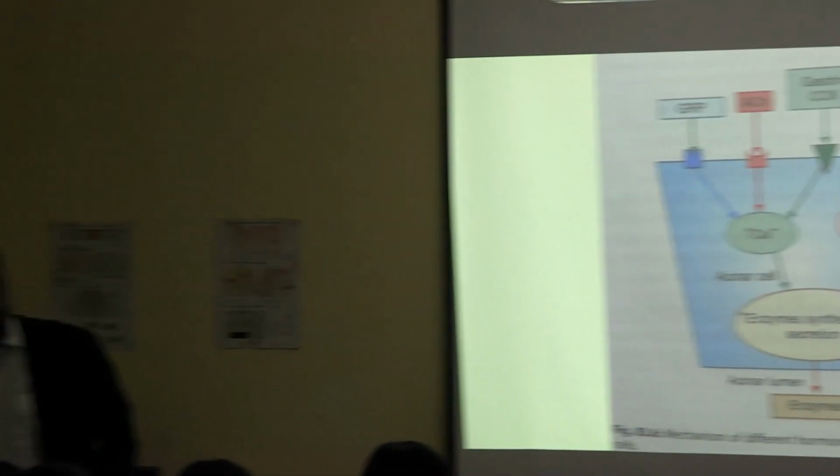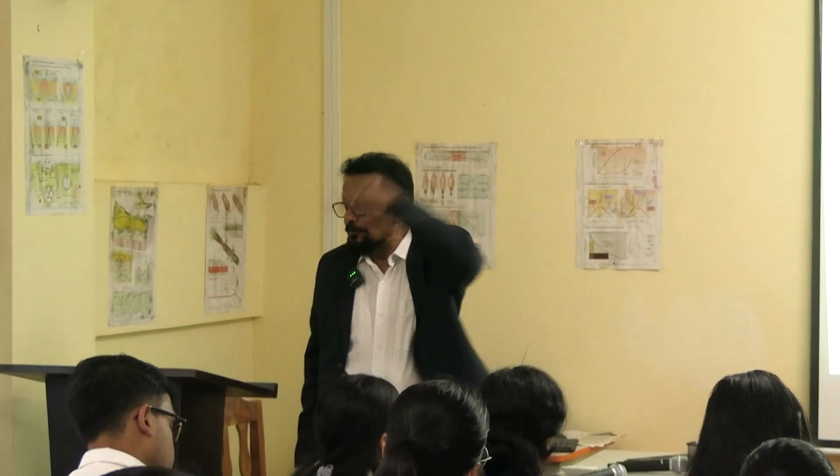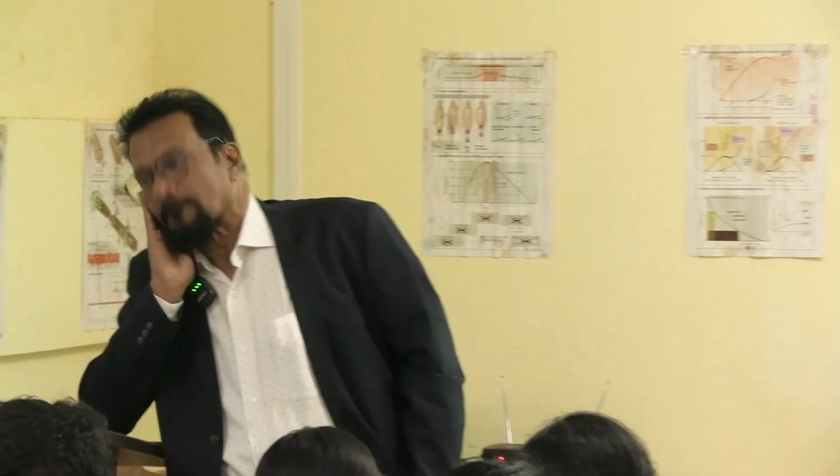So there are two mechanisms. One is the humoral mechanism, and the other is the neural mechanism. Suppose I think, after attending this class I will go and eat meat, chicken. So what is happening?